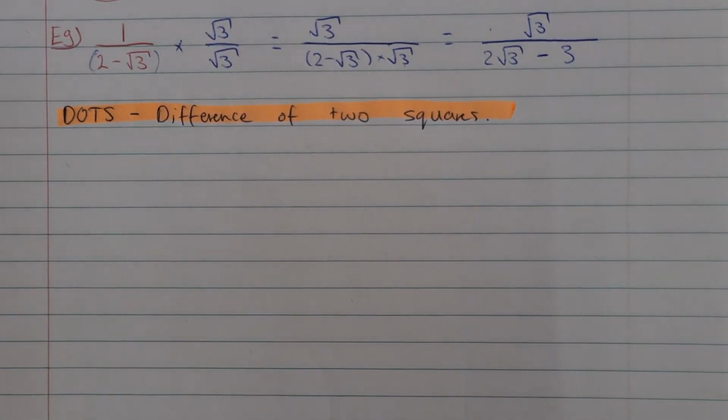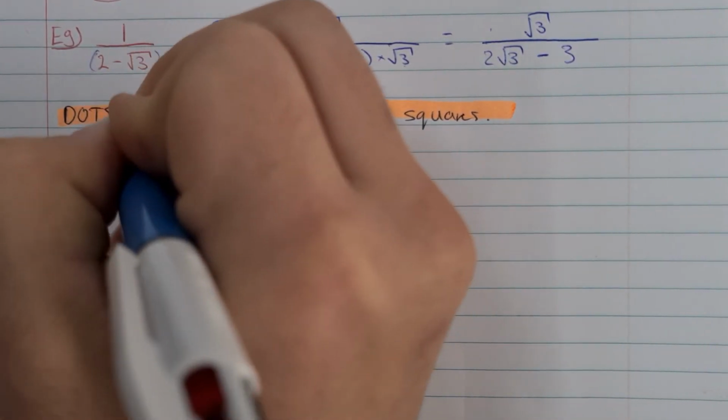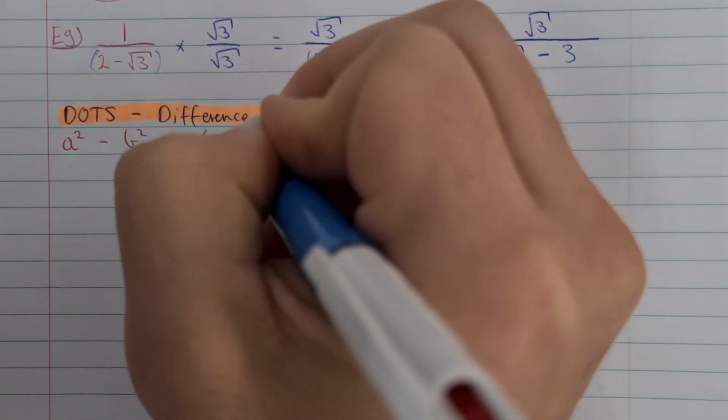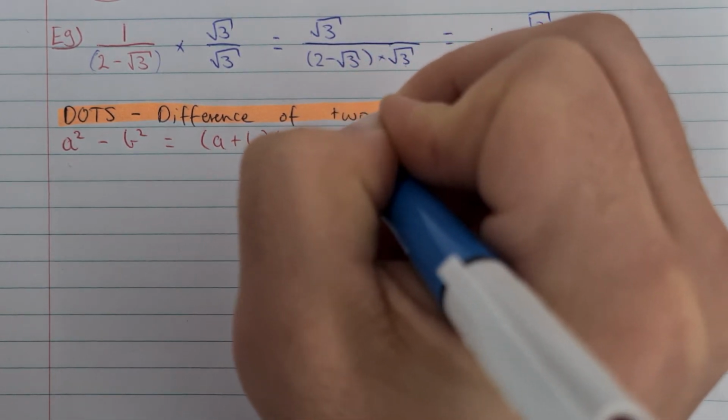So you may have come across this rule before, but if not, this is the rule: a squared minus b squared is equal to a plus b multiplied by a minus b.